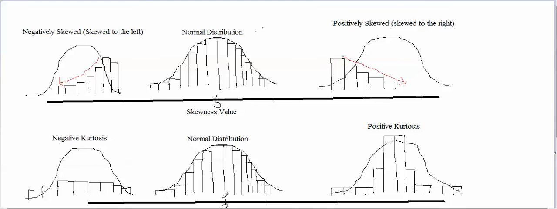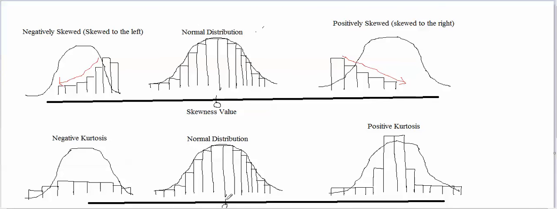If the kurtosis value comes out to a negative number, then you have a negative kurtosis. If the kurtosis value comes out to a positive number, your data has a positive kurtosis. And the further the kurtosis value is below 0, the more dramatic of a negative kurtosis you have.